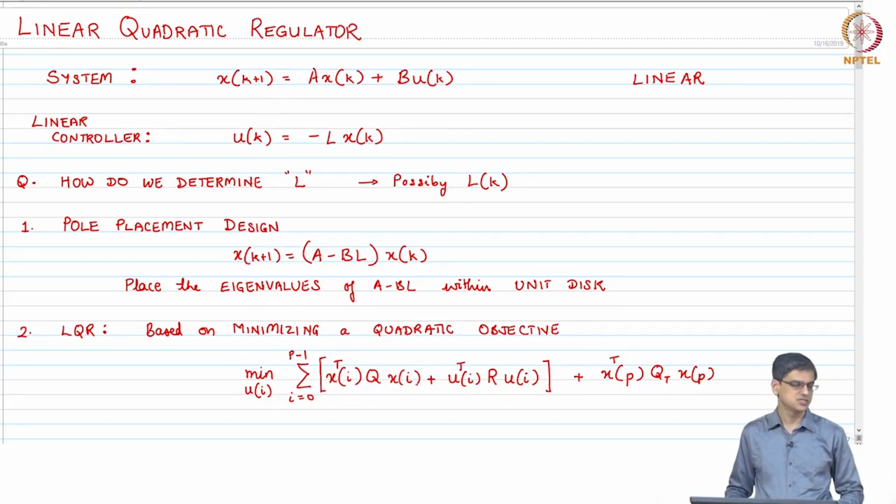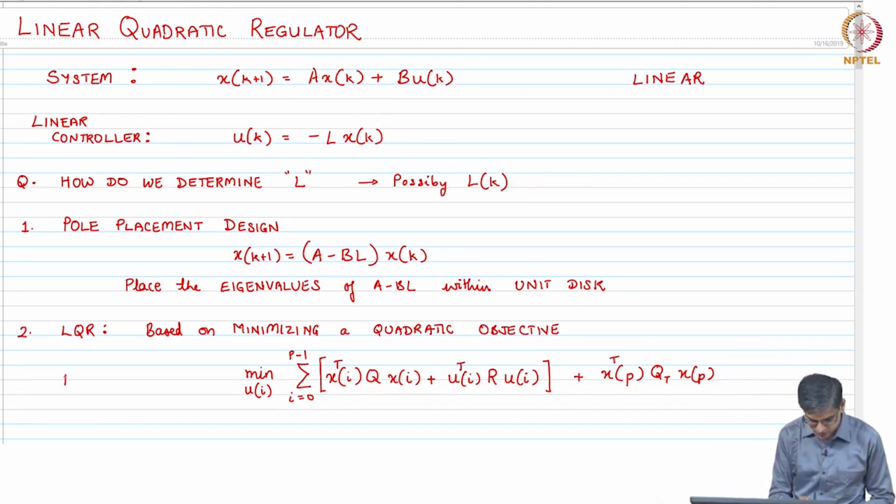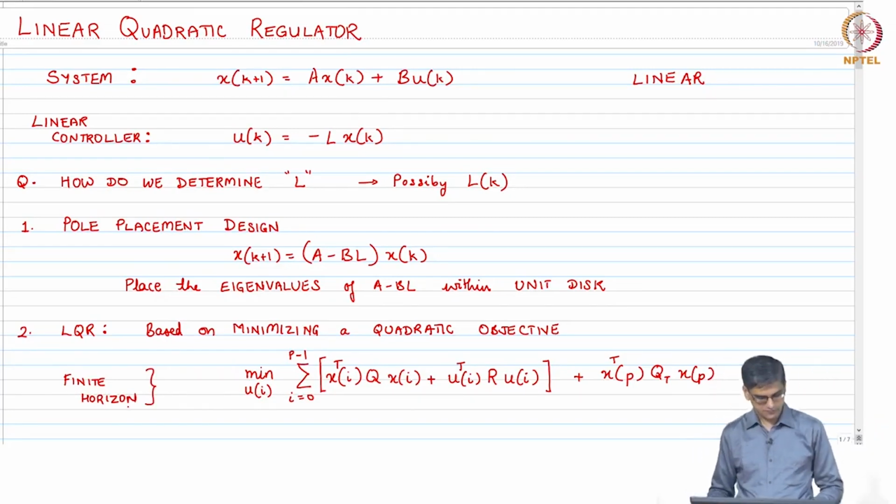If P is equal to infinity, then you do not have this last term, and instead you have i equal to 0 to infinity, and that is called an infinite horizon objective. Okay. So, this is a finite horizon objective. Okay, an infinite horizon would be if P tends to infinity.